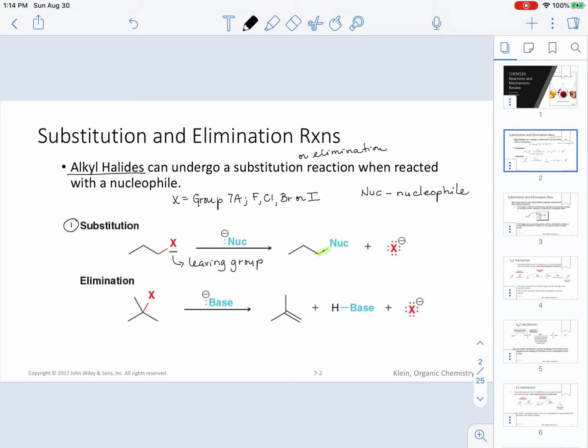When it comes to an elimination reaction, which here I'm labeling with the number 2, what happens is that our nucleophile is going to be a base. And based on the definitions that we have for general chemistry, remember that bases are going to be able to accept protons. And that's exactly what we see.